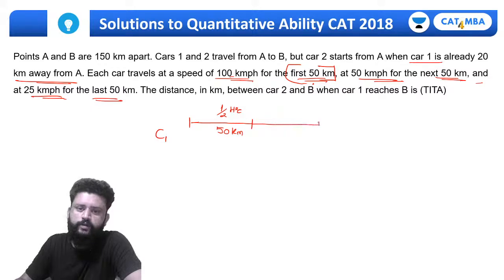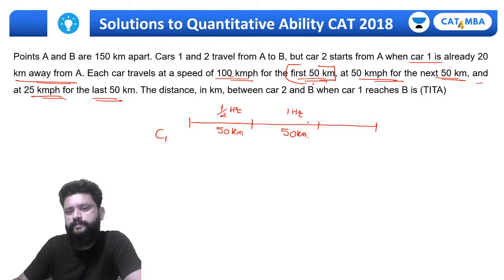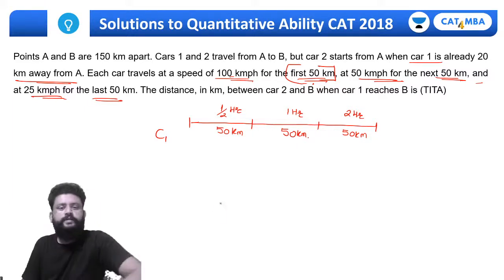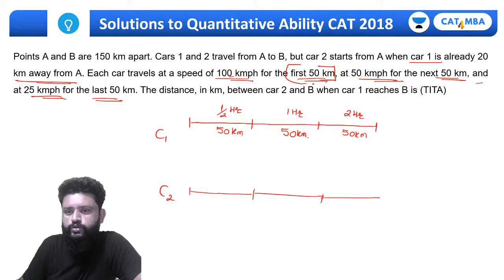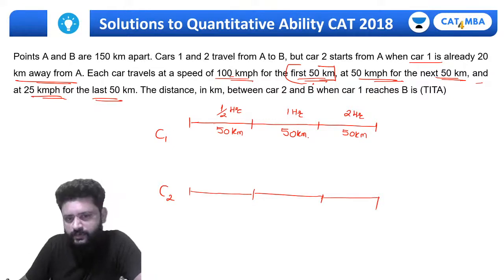Then the next 50 kilometer is traveling with the speed of 50 kilometer per hour. It will just take 1 hour to travel this 50 kilometer. Okay, after this, the last 50 kilometer travel with a speed of 25 kilometer per hour, it requires 2 hours, right? The thing is, second car will also take the same time, okay, half hour, 1 hour, and 2 hours, but the problem is, ये कार जब 20 किलोमीटर जा चुकी है तब वो स्टार्ट करेंगे.